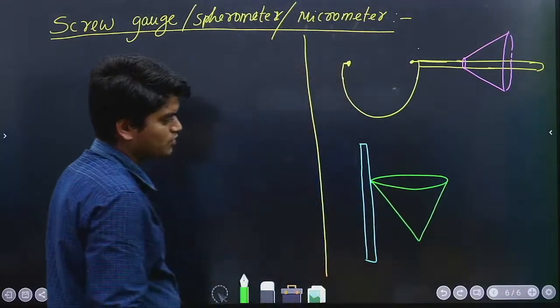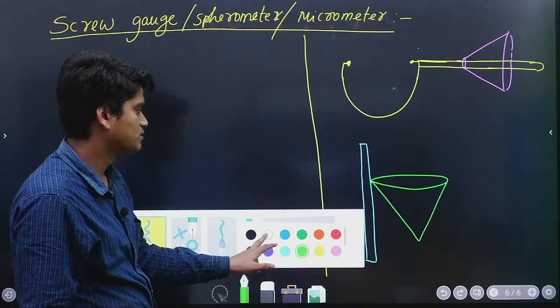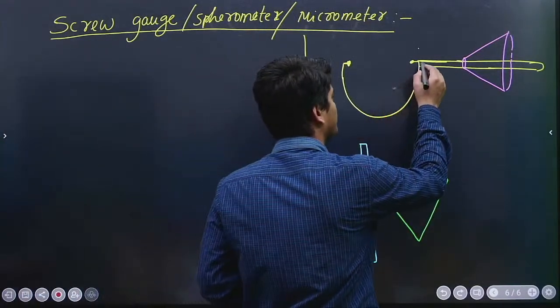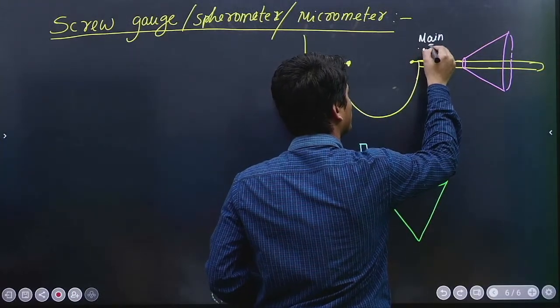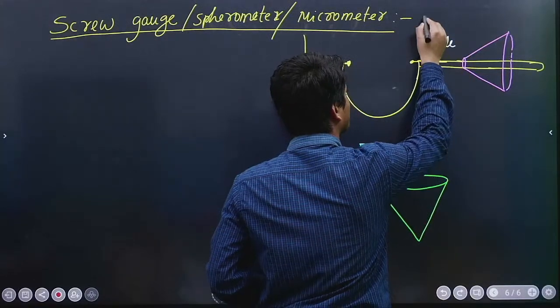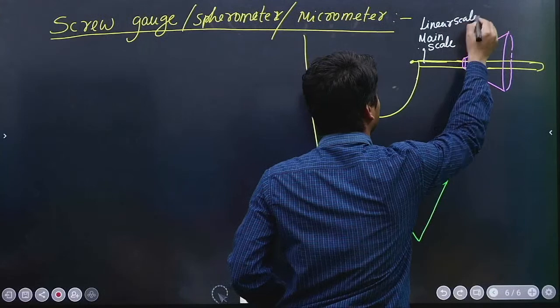Okay, so I'm drawing the normal diagram, understand. Now what is the main scale here? Remember, these all are the main scale. This is your main scale, or sometimes you can call it the linear scale. Main scale or linear scale.